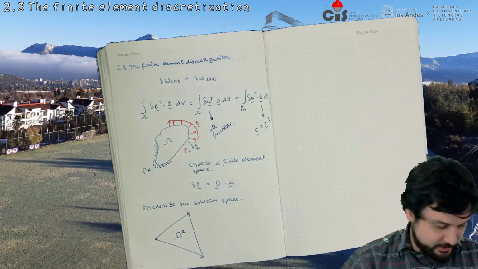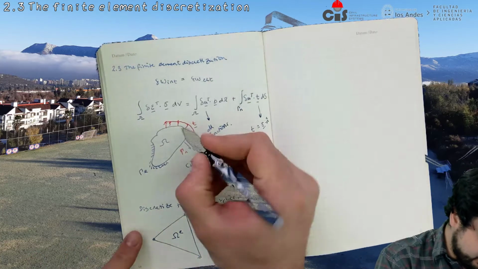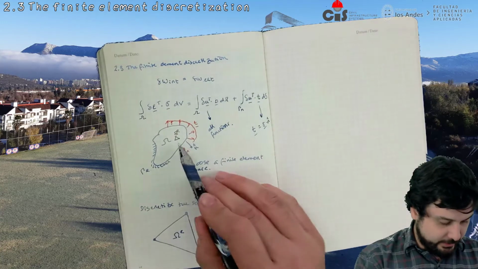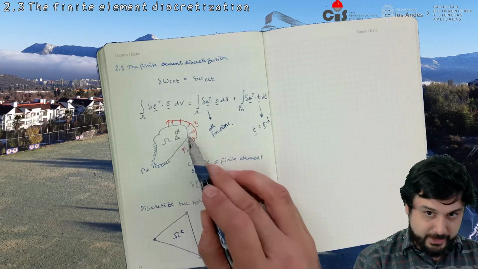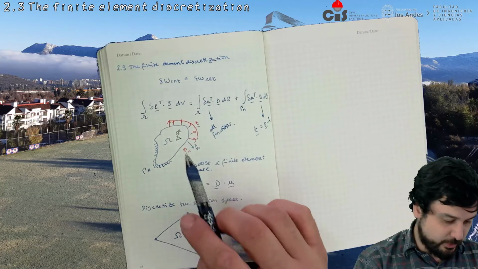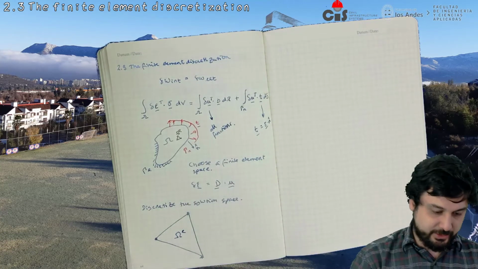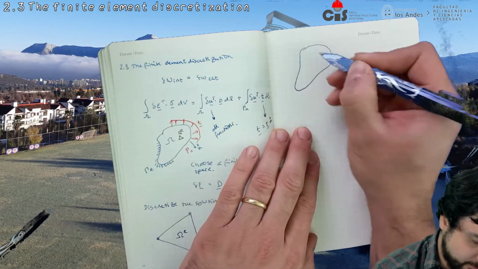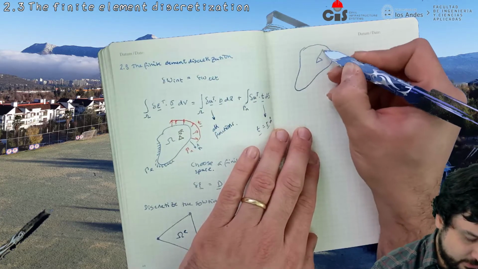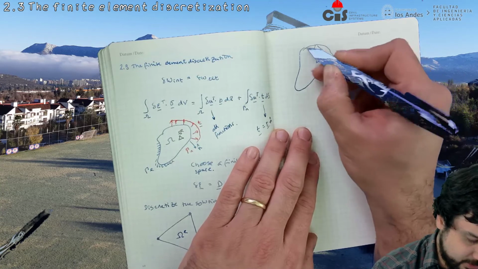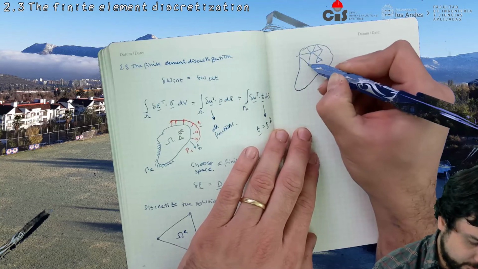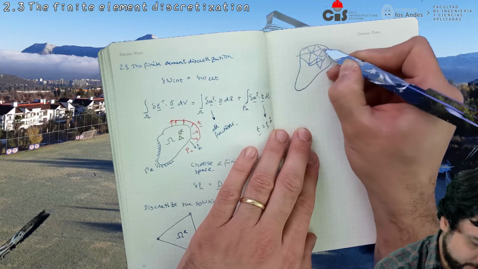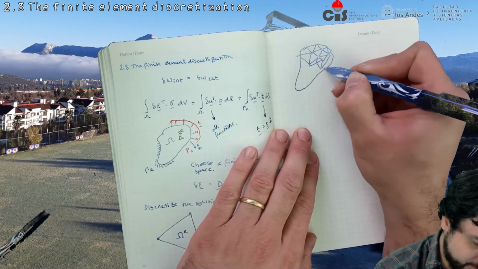You can imagine that this omega e is some little element inside, and that this domain is made with several of these elements. So you can think that the domain might be triangulated something like this. You get the idea. Only triangles.